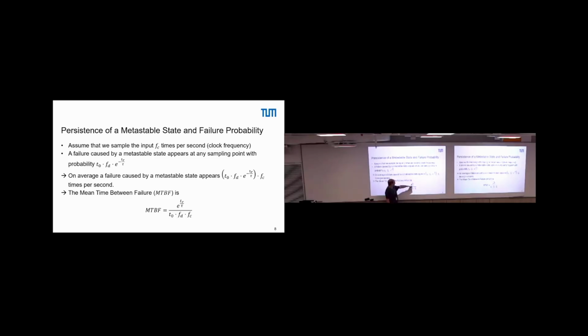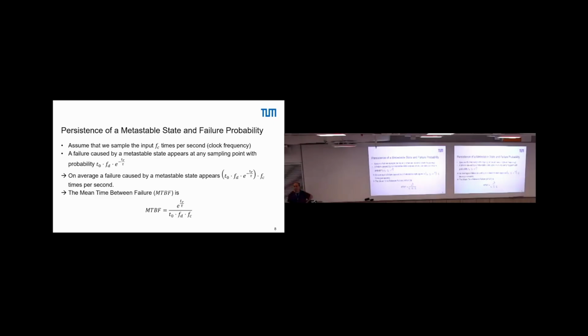Then we have a parameter TR, which is how long we are allowed to take to resolve the critical state. That we can impact up to a certain extent because it may depend on whether we directly connect our flip-flop to some gates, to some logic, or there is just a next flip-flop. And then we have a parameter tau, which is again a technology parameter we cannot influence. So we can hardly influence this mean time between failure for a single flip-flop. That's the main message here.